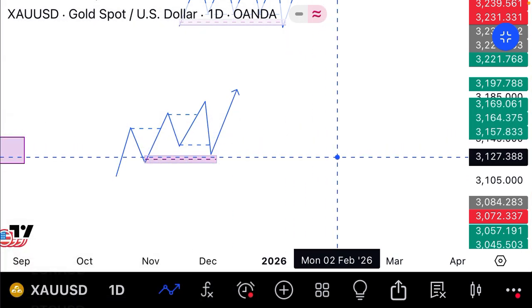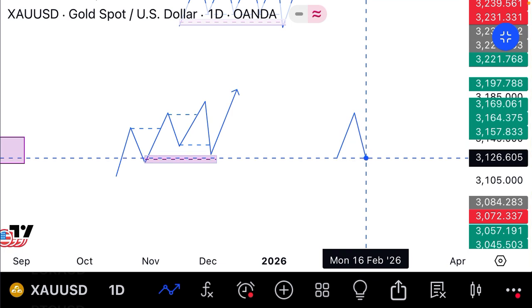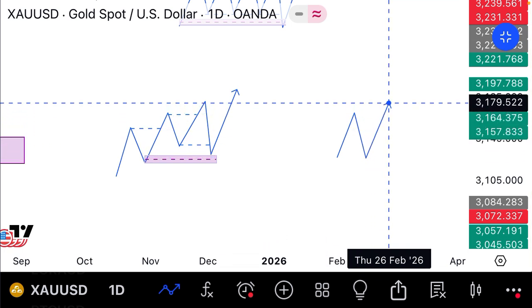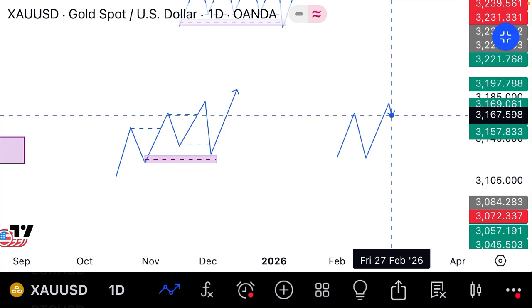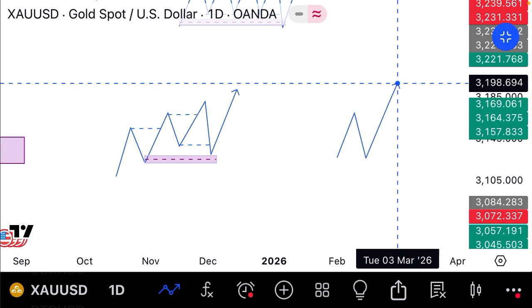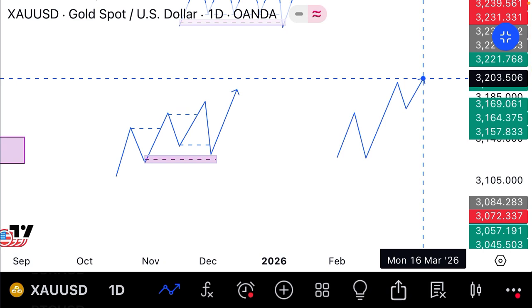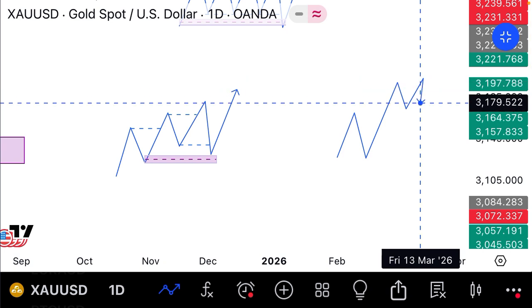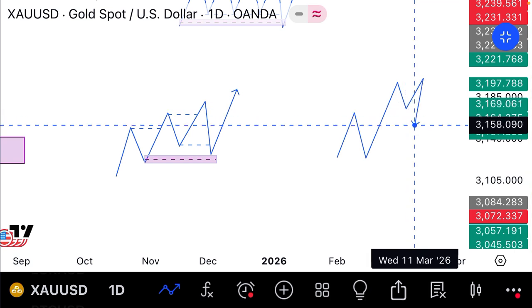Let's say now, for example, price gives a break of structure like this and comes down like this. Know that price is not coming to this POI because this inducement is far.